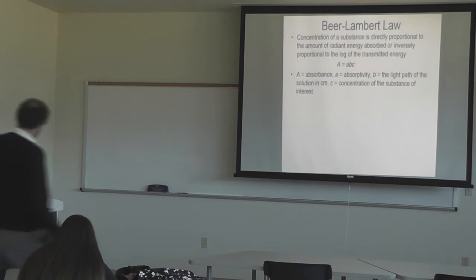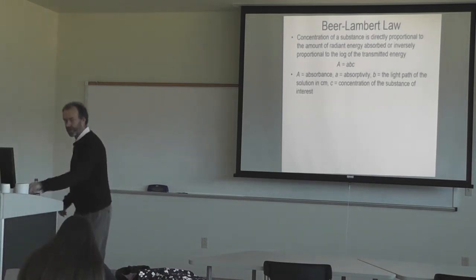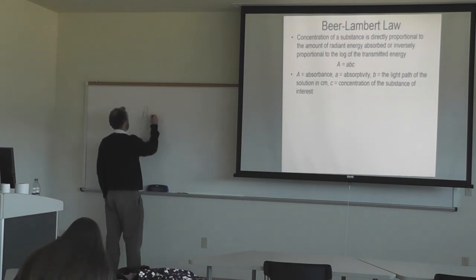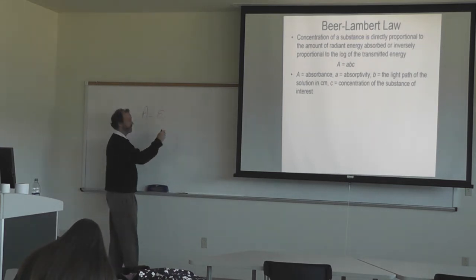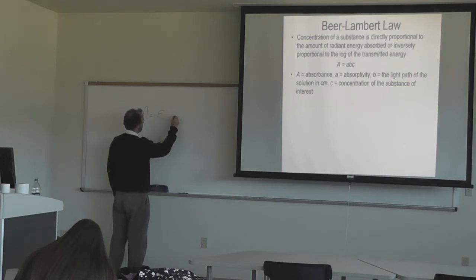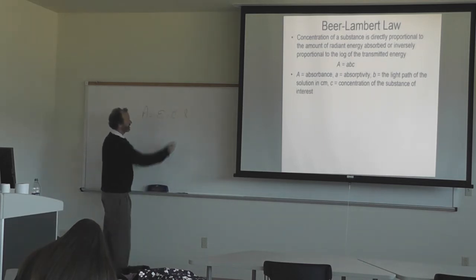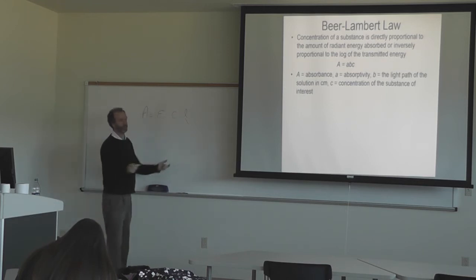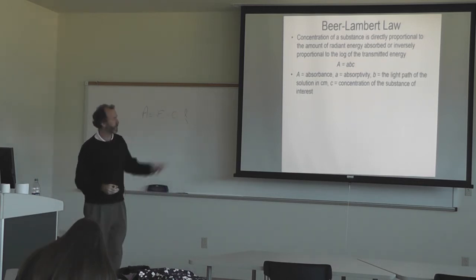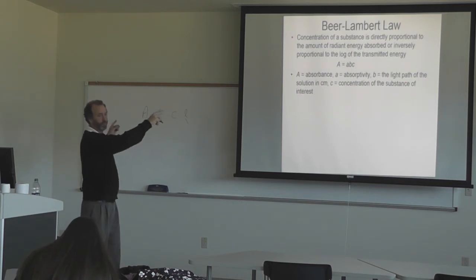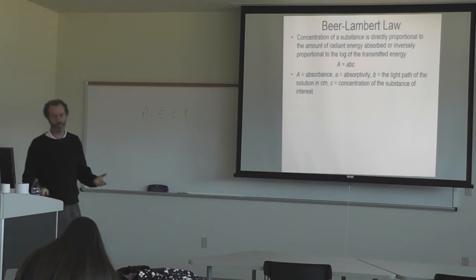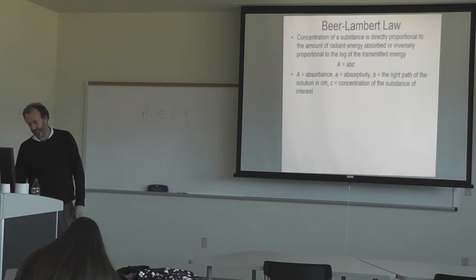So the one in the math book is the same equation, but they just put different characters, so don't get confused. It's absorbance equals epsilon times c times l, where l is the path length, c is the concentration, and epsilon is the absorptivity constant. So same equation, but the books have them with different letters. So long as you remember them both, you're good.